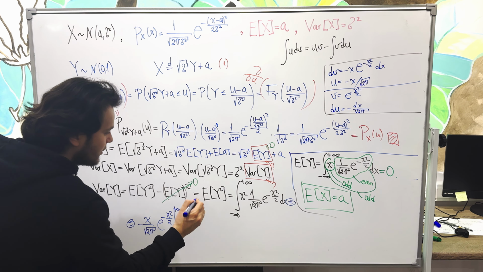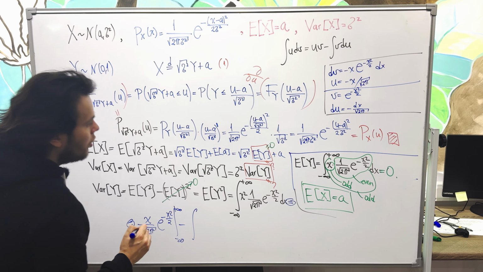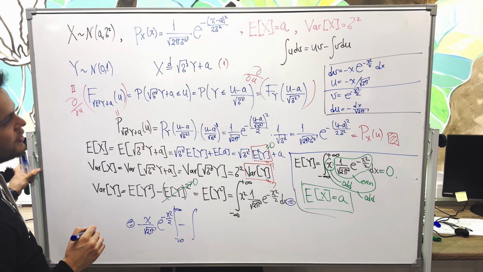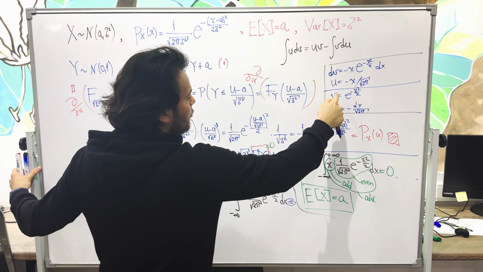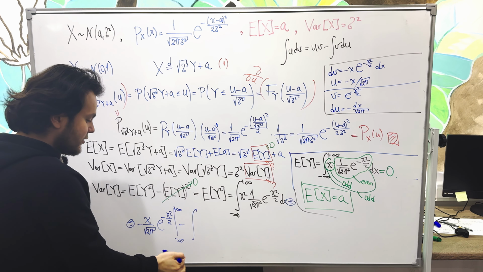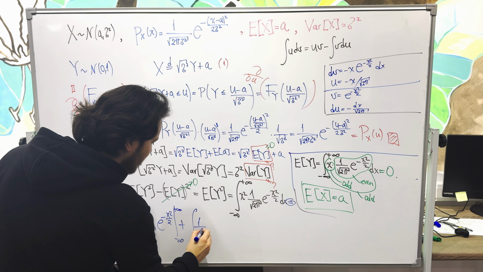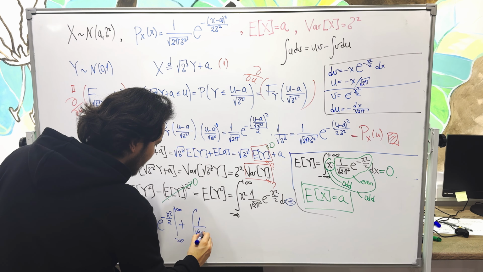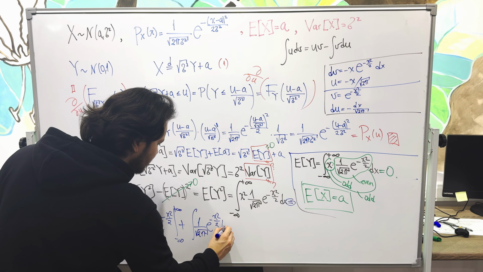And then we have minus the integral of v du. Here we have v, here we have du, but here we have minus. Since here we have minus, this becomes plus. And then this will be equal to 1 divided by the square root of 2 pi, e to the minus x squared divided by 2, dx.